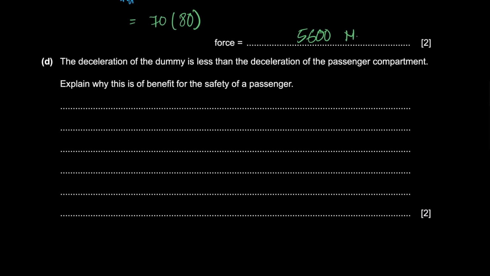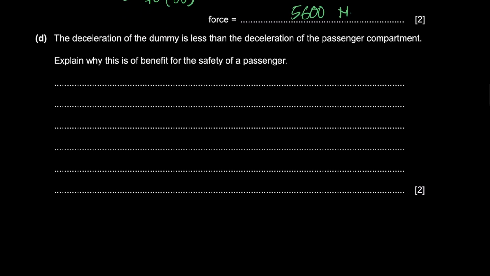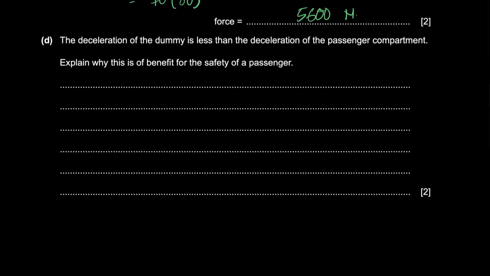All right, how do we answer this part? The acceleration without the seat belt came out to be 100. With the seat belt, the average acceleration is 80. The mass of the person is 70. So the force acting on it came out to be 5600. That's what we just calculated.